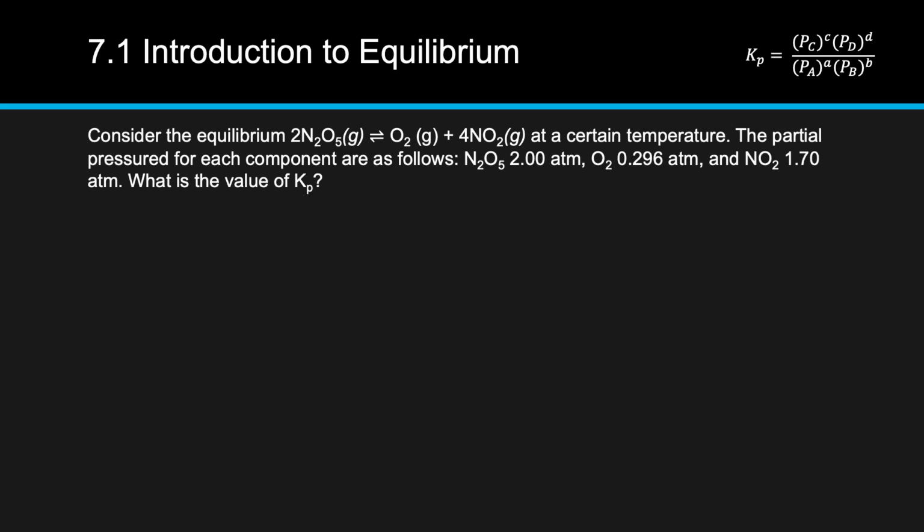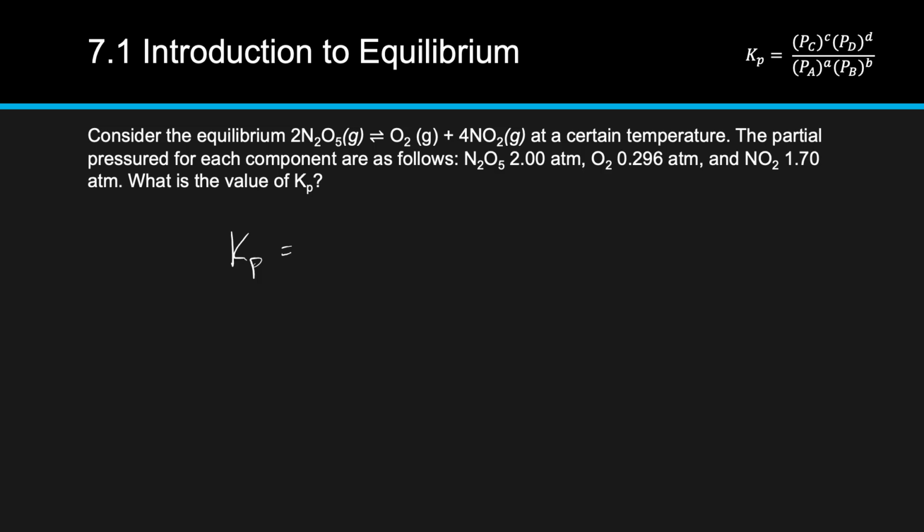All right, so now let's do an example with Kp. So it says consider the equilibrium at a certain temperature. The partial pressures for each component are as follows. What is the value of Kp? So remember when we're doing Kp or pressure, we are not using brackets because that is for concentration.